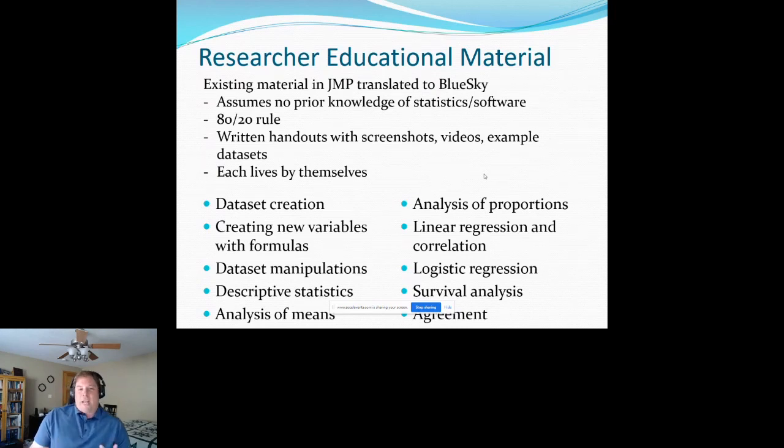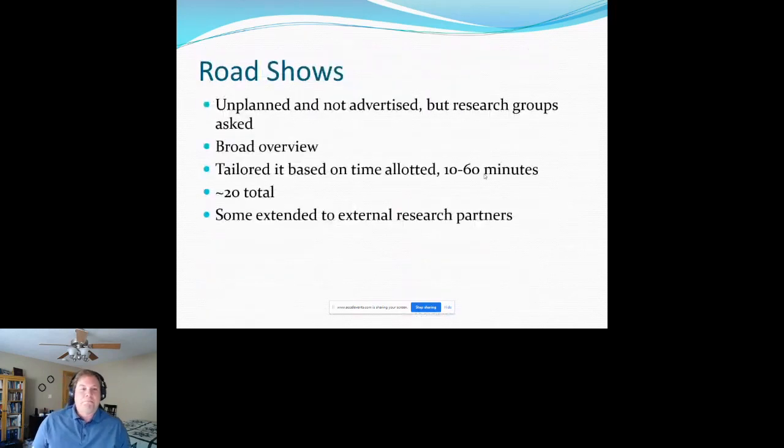And these written handouts have screenshots, accompanying videos, and example data sets. And each of these lives by itself. So if a student or a researcher is new to the topic and their mentor says, hey, you need to do survival analysis for this project, they can go right to it and grab that information and get started.